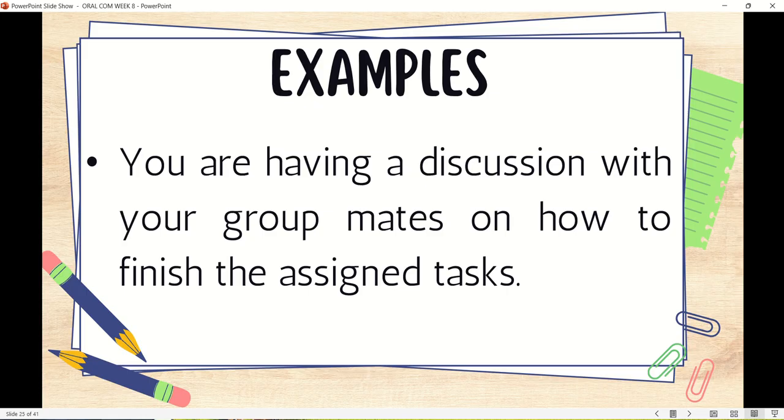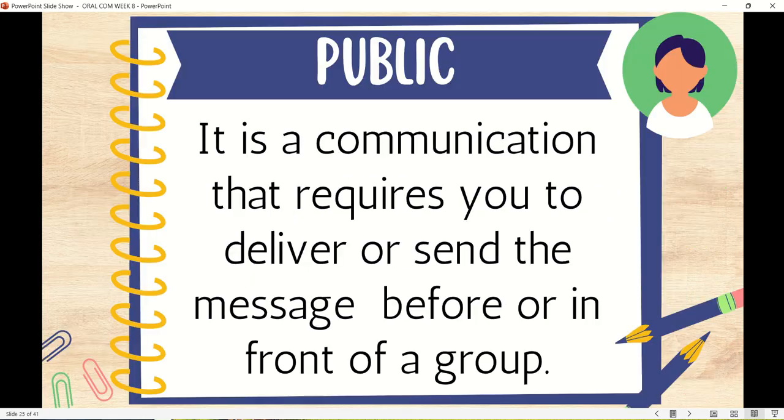So we're done discussing the second type of interpersonal context. How about the public? For the public, it is a communication that requires you to deliver or send a message before or in front of a group. In this type of interpersonal context, it involves a large number or size of people.